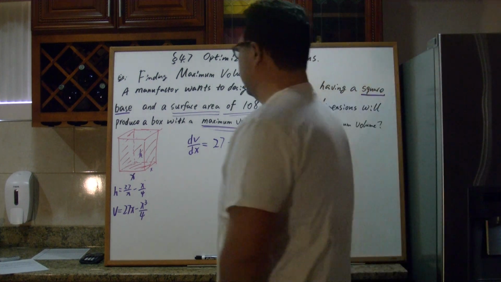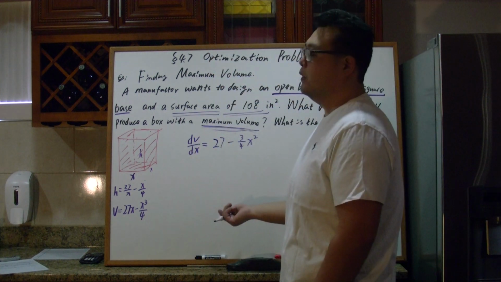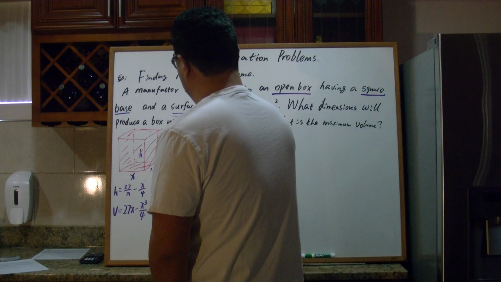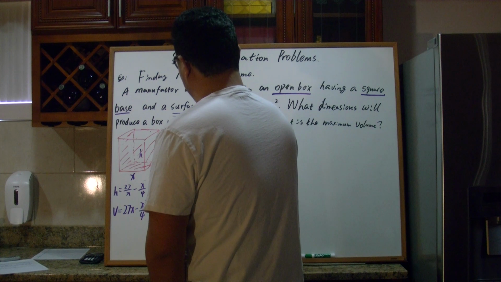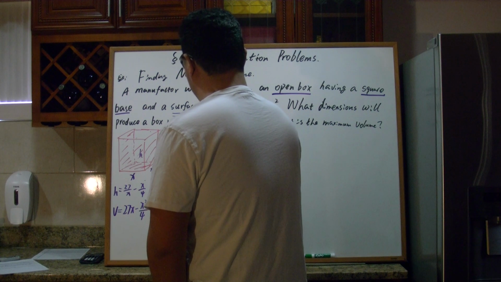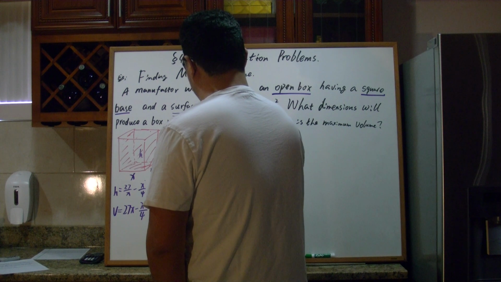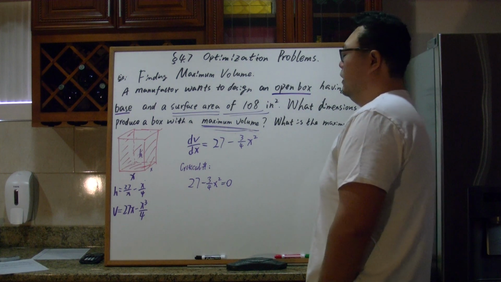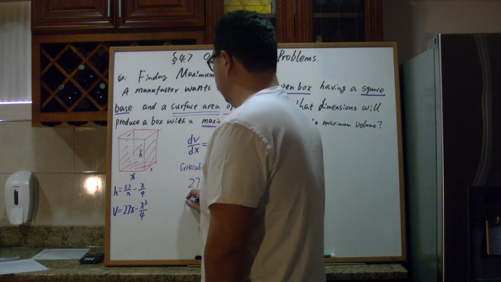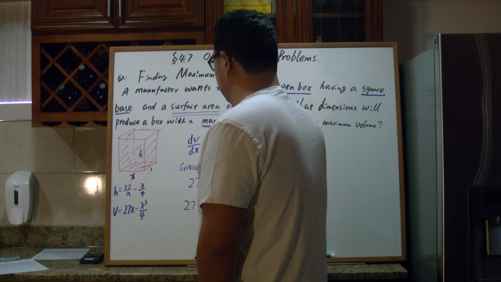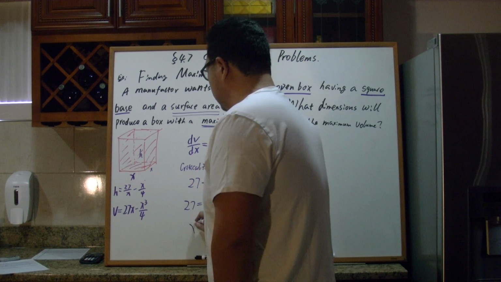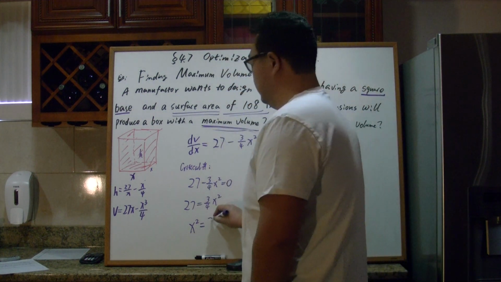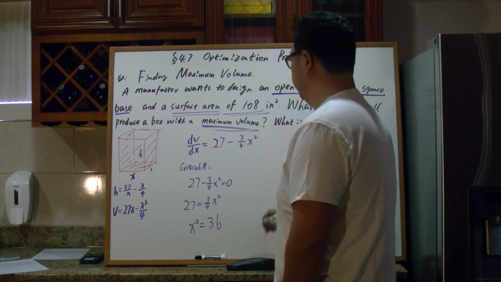And from that, what we are familiar with is finding the critical numbers. The critical number is 27 minus 3/4 x squared equal to 0, which is defined everywhere, so we don't have to worry about undefined points. Then x squared will be 27 over 3 times 4, which is 36.